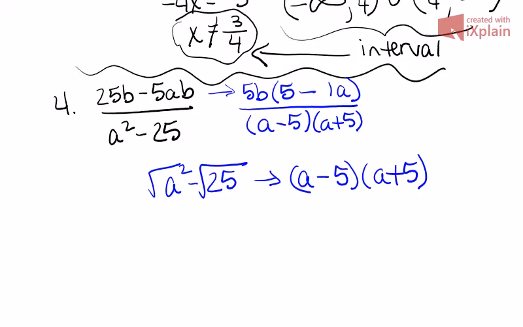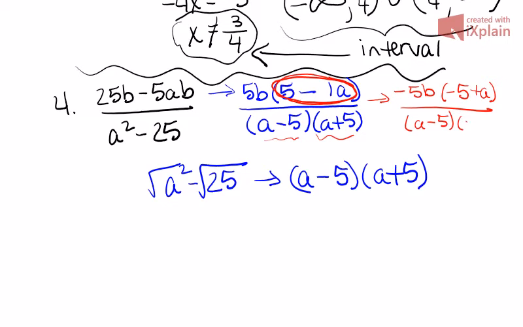Last thing I need to do is look and see if there's anything that might cancel or is close to. This looks like a rearranged version of one of these two guys. So I'm going to try and bring a negative out. If I bring negative 1 out, then I have negative 5b times negative 5 plus a over a minus 5 times a plus 5.